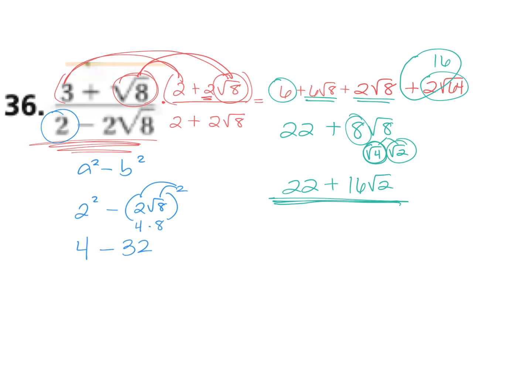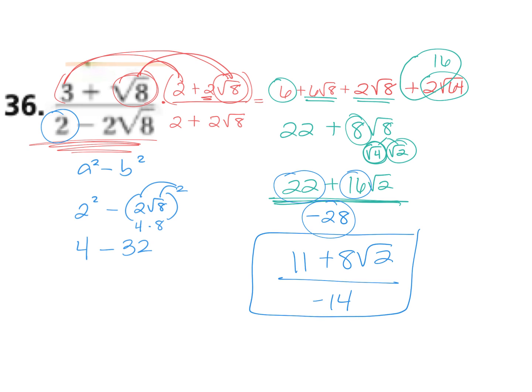So 4 minus 32, that's a negative 28. And now from here, there's a little bit of reducing you can do. All of these are divisible by 2. So we're going to do that. We're going to call this 11 plus 8 rad 2 over a negative 14. And that, my friends, is your simplest answer.